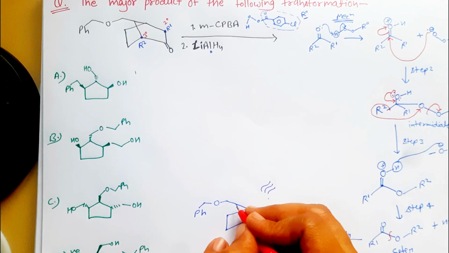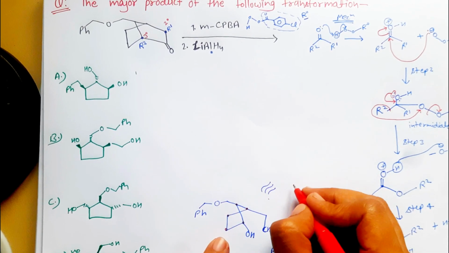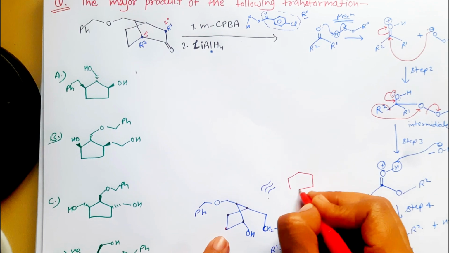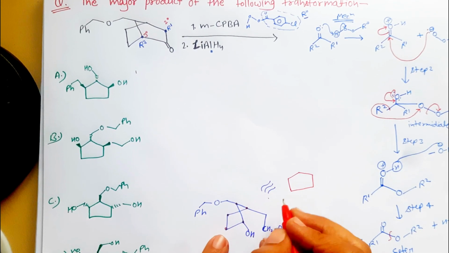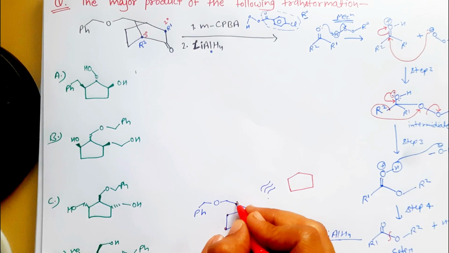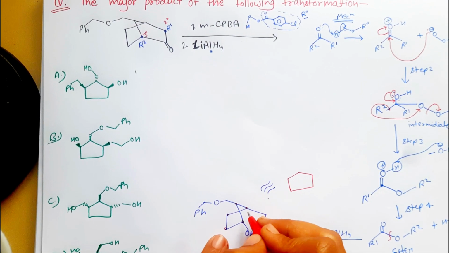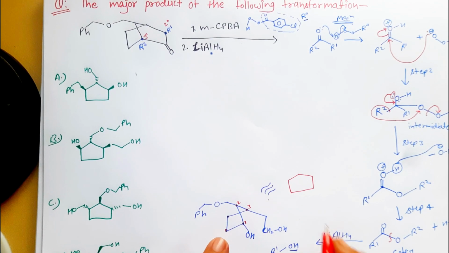Here we get a 5-member ring. So first we draw a 5-member ring, 1 2 3 4 5. If we give numbers like this, here we draw 1 2 and 3.